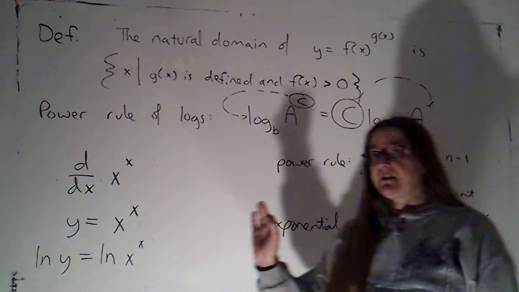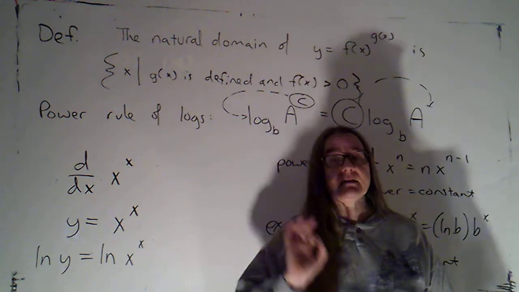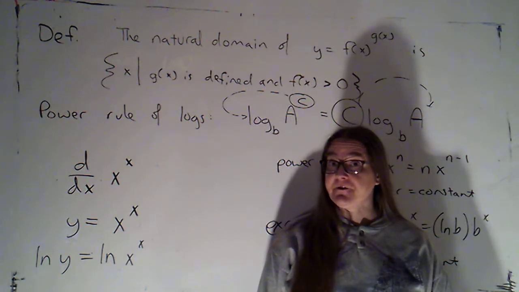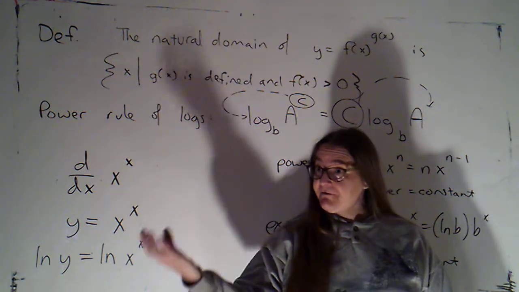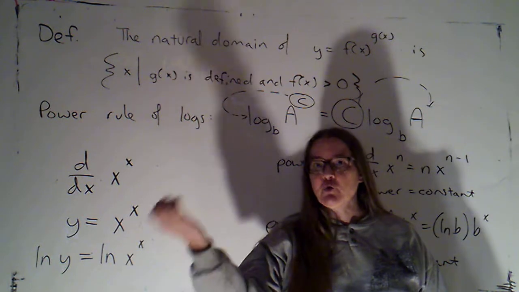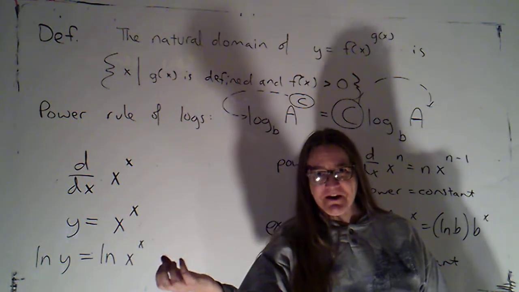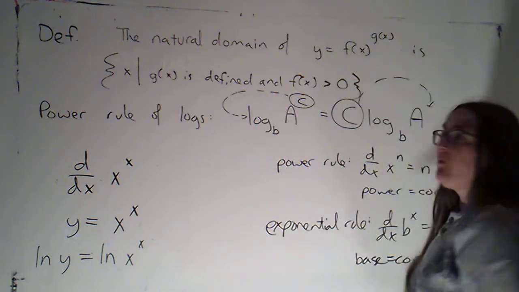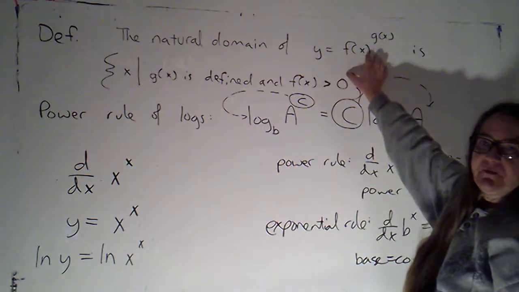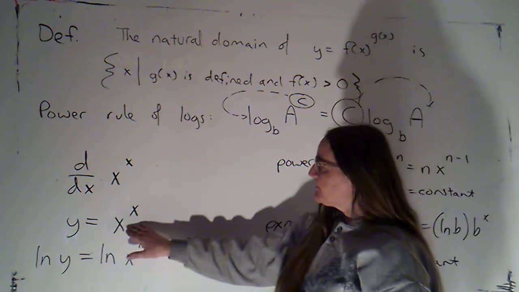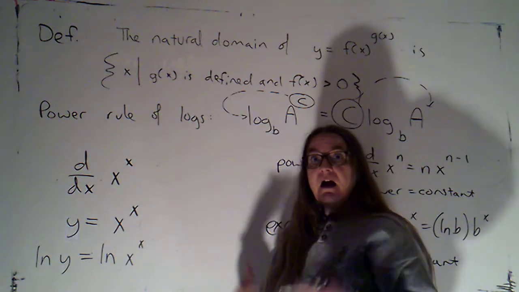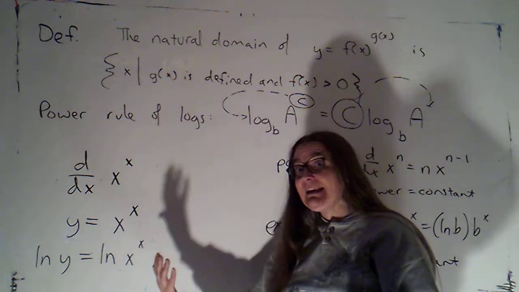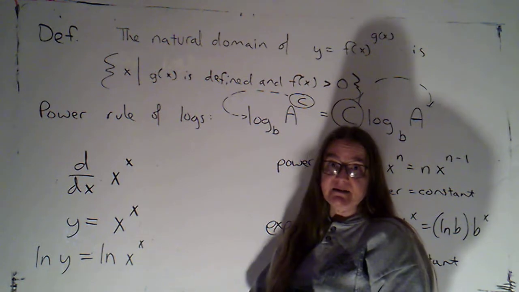You cannot take the natural log of 0, and you cannot take the natural log of something that is negative. So, if you have an expression with variables in it, you have to know it's positive before you can take the natural log.